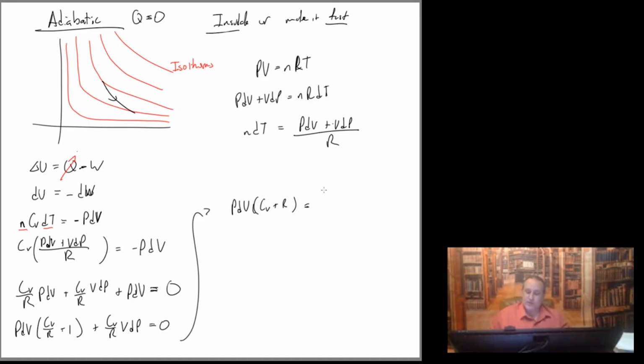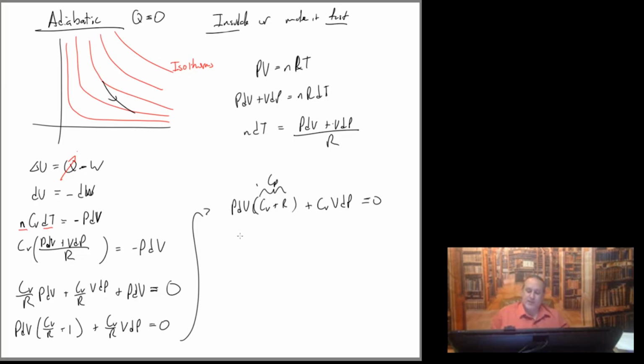So what we get is P dV times (Cv plus R) plus Cv V dP equals 0. Now, Cv plus R is just Cp.